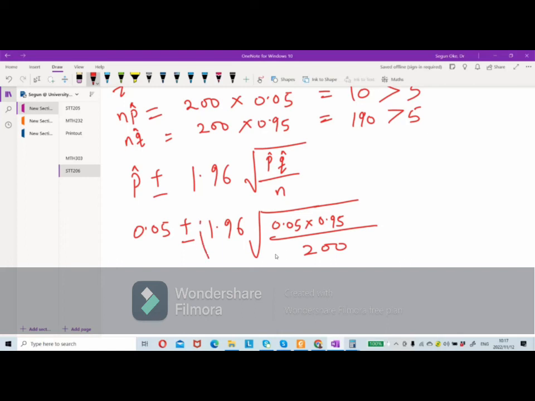If you do everything here, what do you have? 0.05 plus or minus what? Anybody? 0.0 what? .0002375.